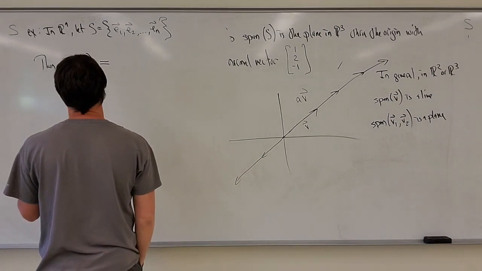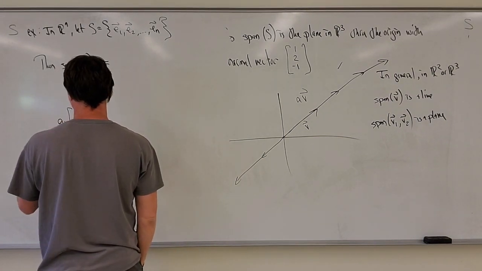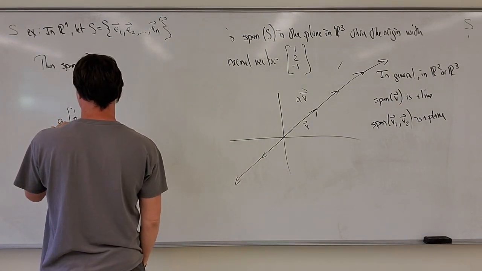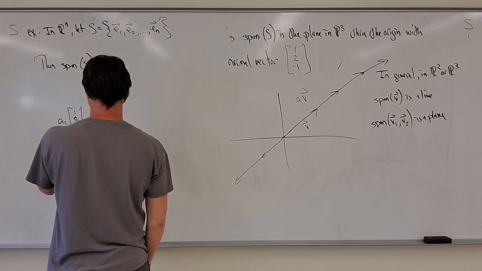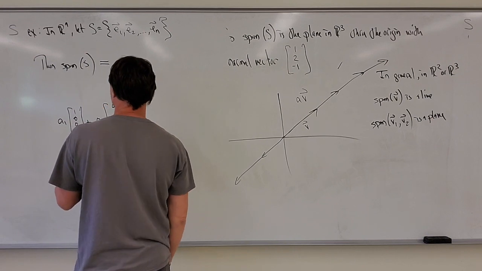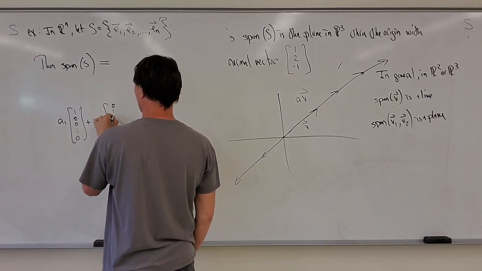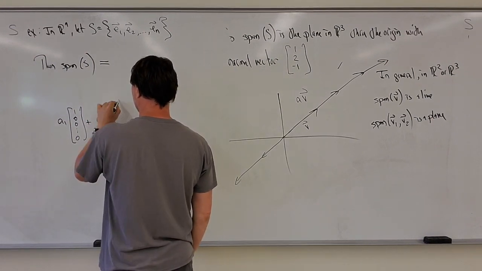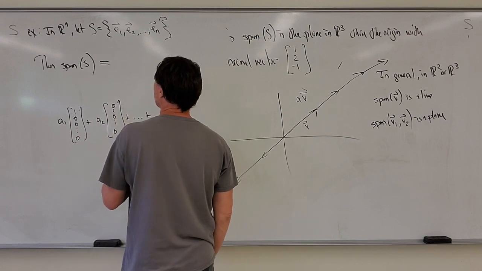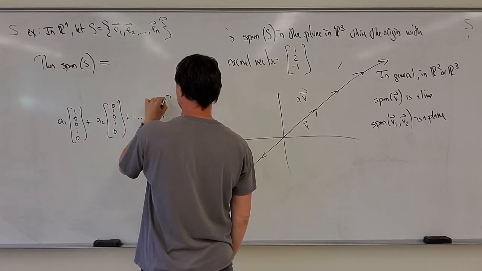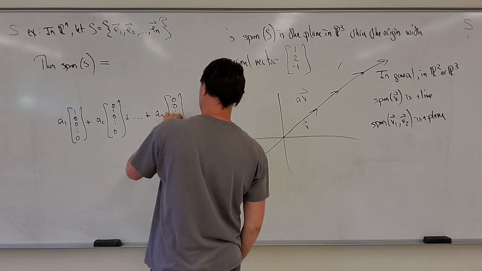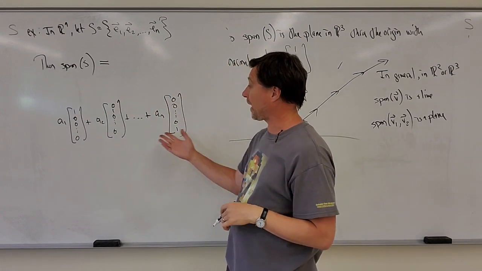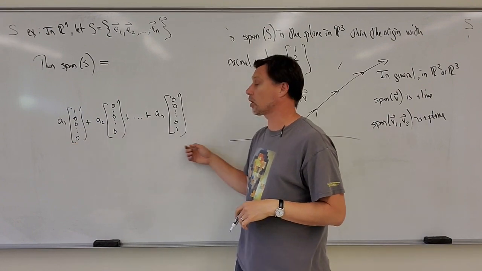So that's going to be A1 times (1, 0, 0), plus A2 times (0, 1, 0), plus blah, blah, blah, down to A sub n times (0, 0, 0, 1). Okay. So the span is the set of all possible linear combinations like this.